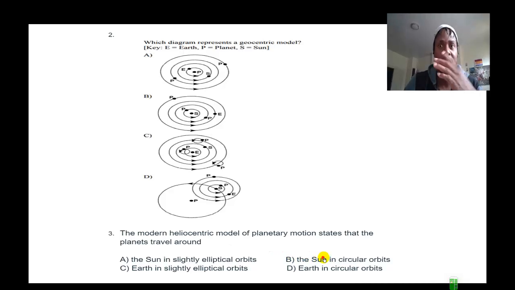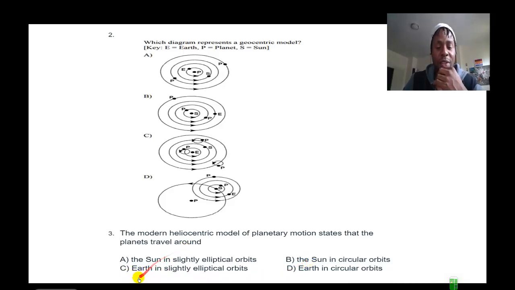However, the planets do not revolve around the sun in a circular orbit. There's a difference between a circle and an ellipse. So the planet revolves around the sun in an elliptical, like an oval shape, an egg shape path. So circular would not work here.